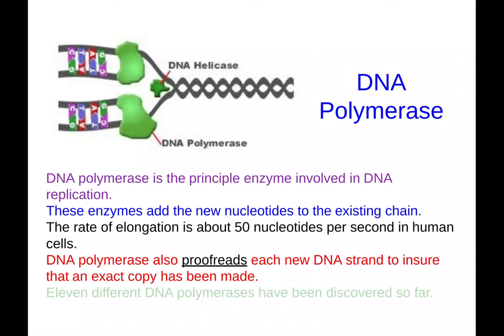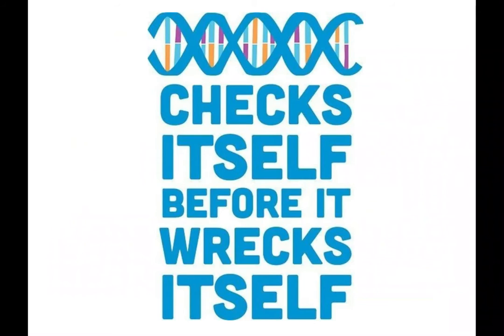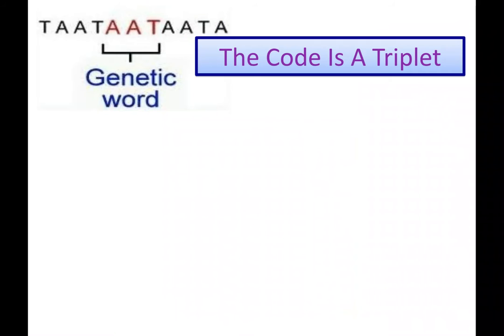Then we have what's called DNA polymerase that's going to come back and start adding in those base pairs to make the copies. It does check itself to make sure that it's copying correctly, because if it doesn't, that's when we have problems, mutations, and things that aren't going to allow the code to be read correctly.